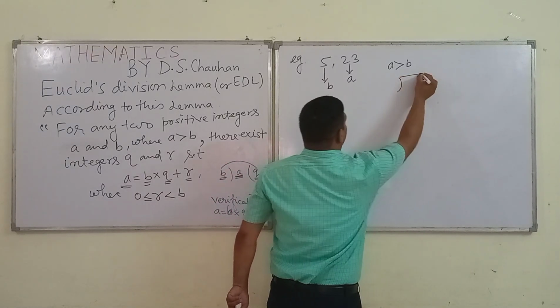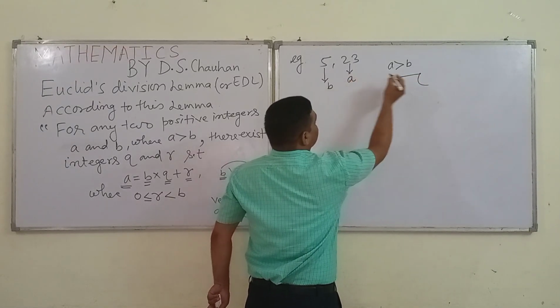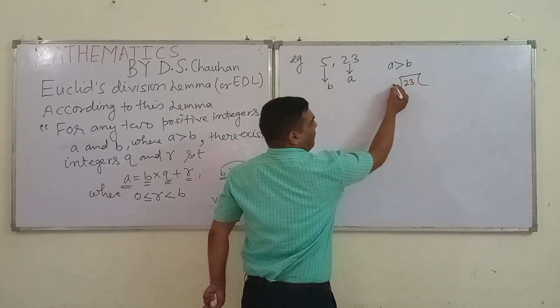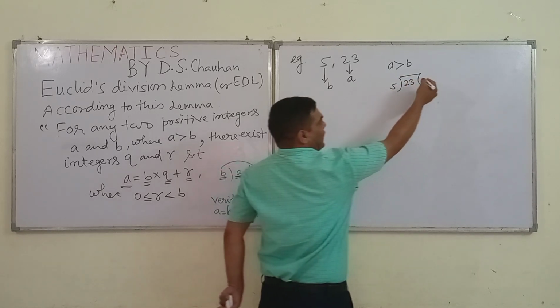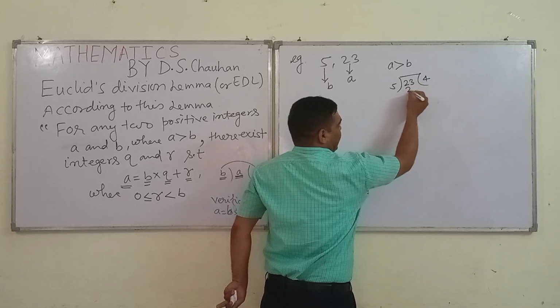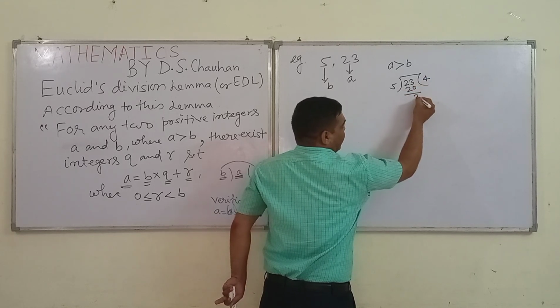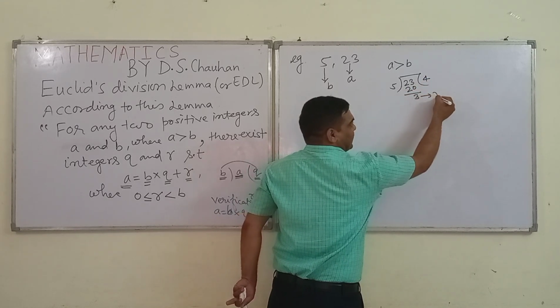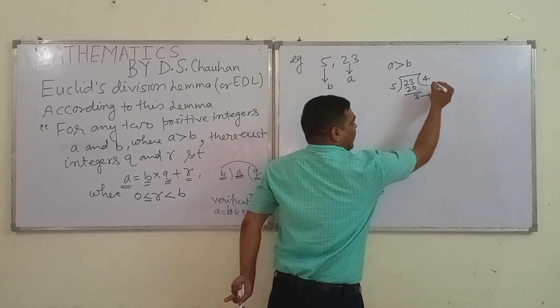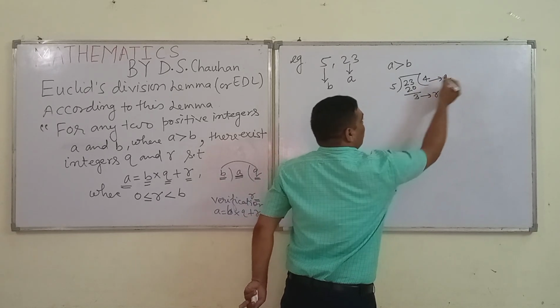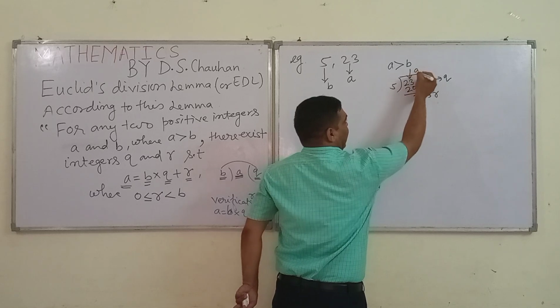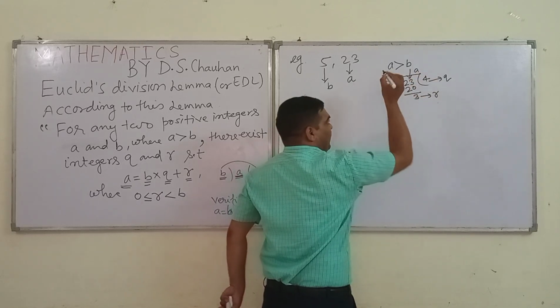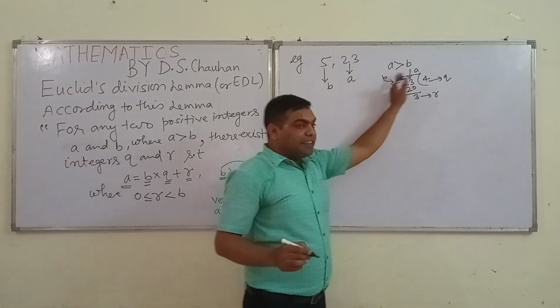Now students, as you know, if you divide a, that is 23, by 5, what will you get? Here 5 4s are 20 and 3 as a remainder. So this is R and this is Q, and this one is A and this one is B.